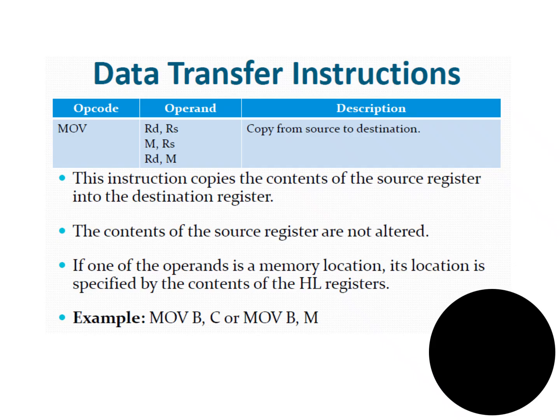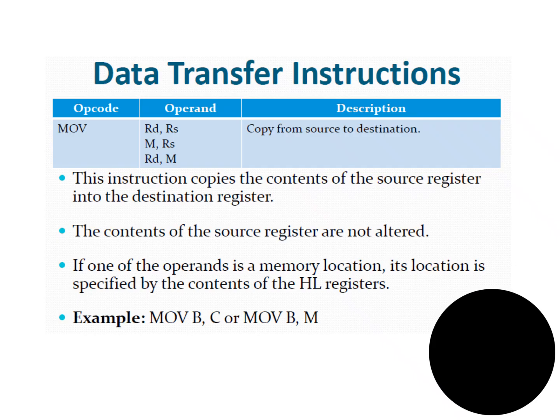When you want to access 16 bits, you can use them as pairs, which are BC, DE and HL. The instruction copies the content of the source register to the destination register. As already explained, the content of the source register will not be altered, but the destination register will be altered.